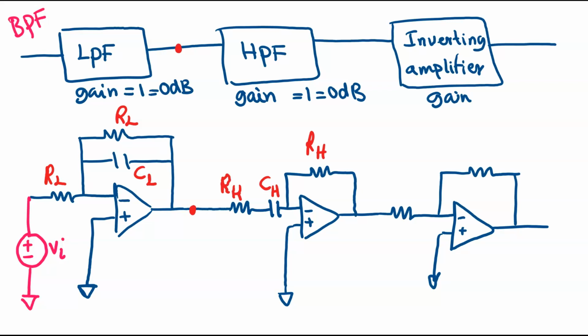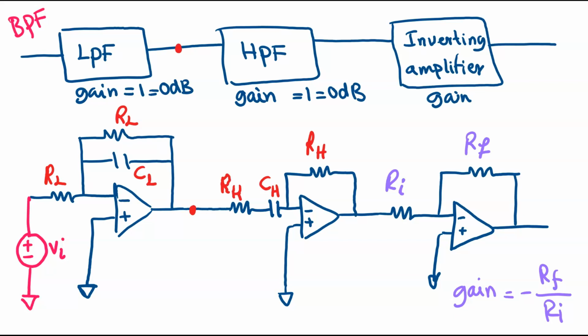The inverting amplifier has a gain equal to minus RF over RI. So RF is the feedback resistor, what I have here, and RI is the input resistor, what I have here. By choosing correct values for RF and RI, I can get an appropriate gain that I'm looking for.